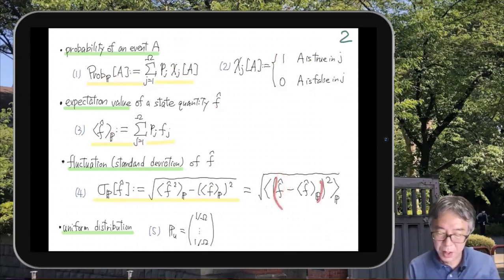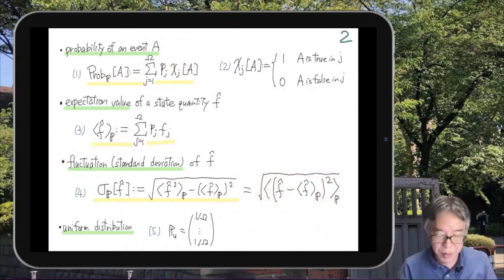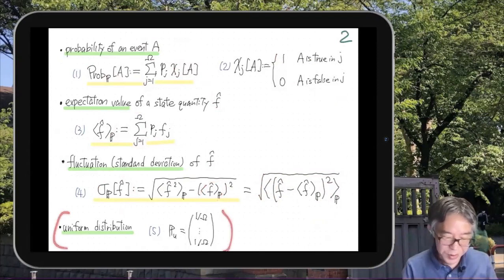You take the square and the expectation value, and then you take the square root, because this has a dimension of F squared, so you want something with the dimension of F. Or it can be written like this, and this just tells you how much F fluctuates around its expectation value. This is not related, but I had to define it somewhere.